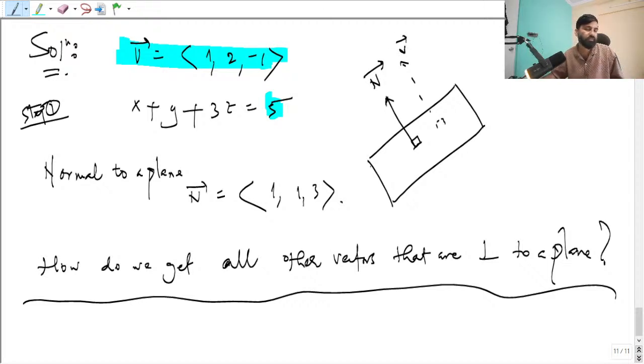How can we say that? If they are perpendicular to the plane, they will be parallel to the normal vector. They are in the same direction, but the length, or the norm, of the vector can be different. So all the perpendicular vectors are parallel to each other.